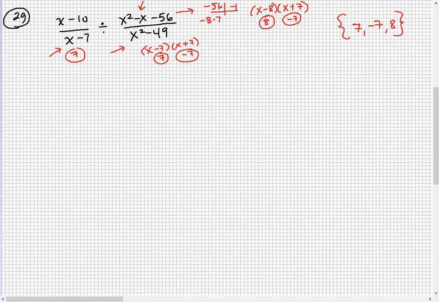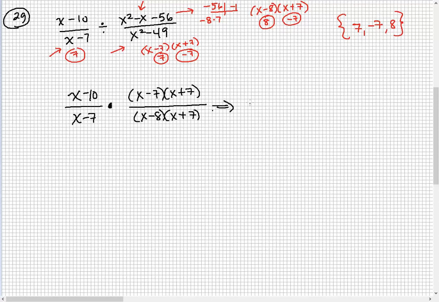All right, rewriting this mess. x minus 10, x minus 7. I'm going to flip, so this is multiplication. x minus 7, x plus 7, because this factors into these two, over this one, but that one is x minus 8, x plus 7.